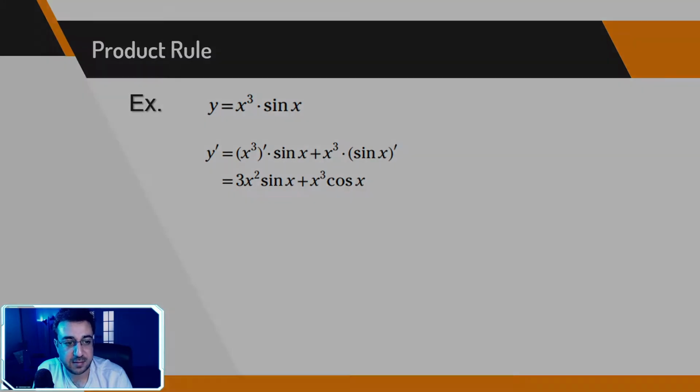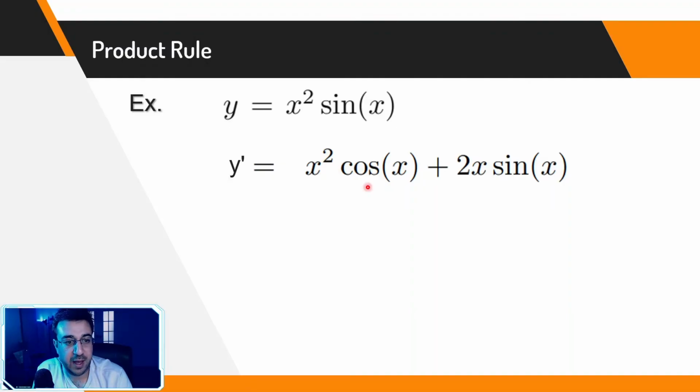As easy as that. Now, if we have the same concept, but it's good to repeat, y equal x squared multiplied by sine of x. What are you going to do in this case? Y prime equals the derivative of the first multiplied by the second. In this case, the author put the solution here. It doesn't matter. You can put it the way you want.